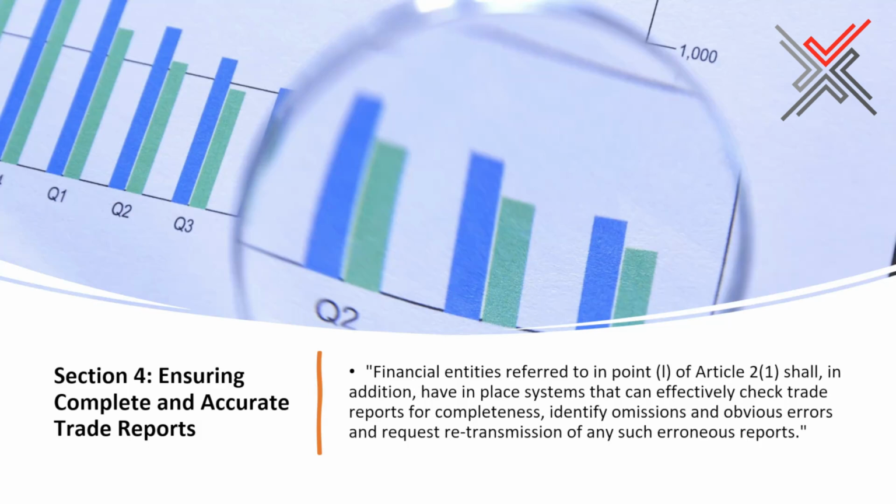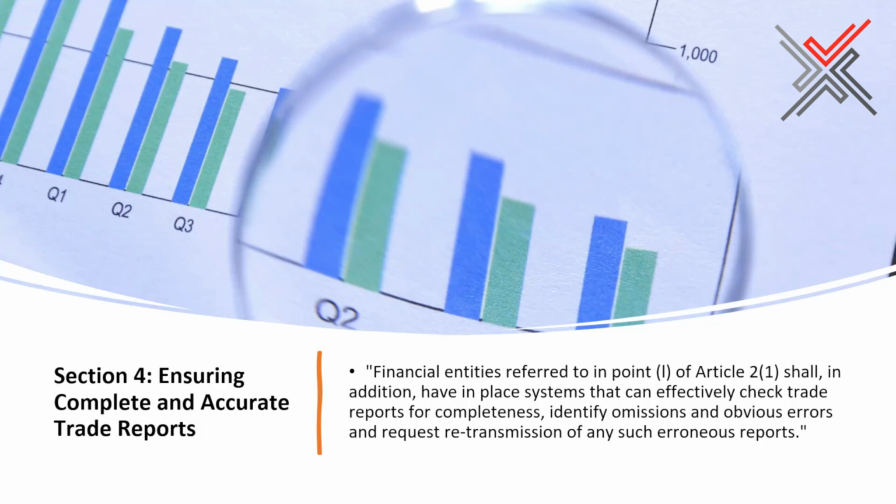Think about it like this. If you are running a shop, you'd want to keep accurate sales records, right? Similarly, these financial entities must have systems that can scrutinize trade reports for any omissions or errors and request corrections where necessary.